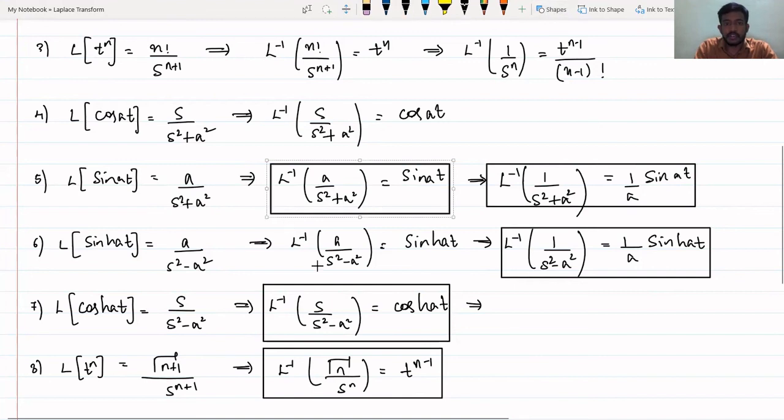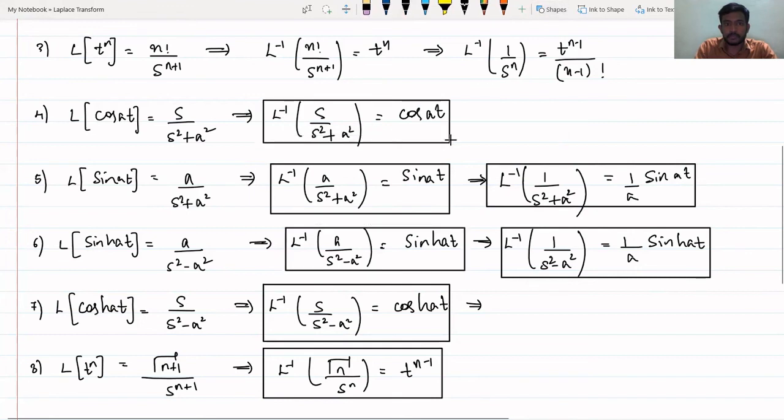So using that, we find the inverse Laplace transforms. So these are all the formulas which will be helpful in solving the problems of finding inverse Laplace transformations.